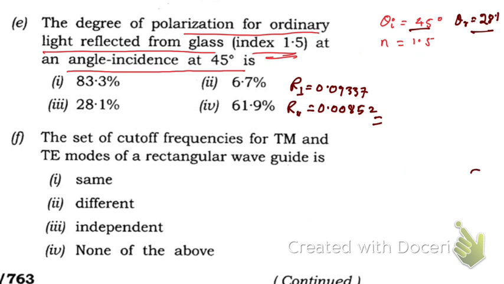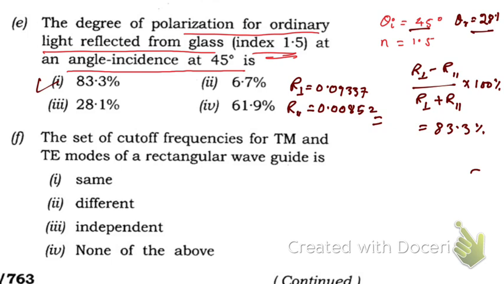Now what we can do, we can find the degree of polarization, which is given by (r perpendicular minus r parallel) divided by (r perpendicular plus r parallel) times 100%. Okay, and if you put the values and calculate this, that's going to be approximately 83.3%. Okay, so this is going to be the result.